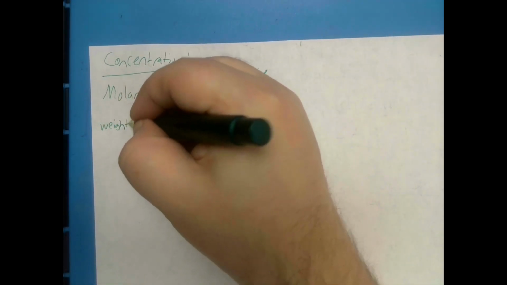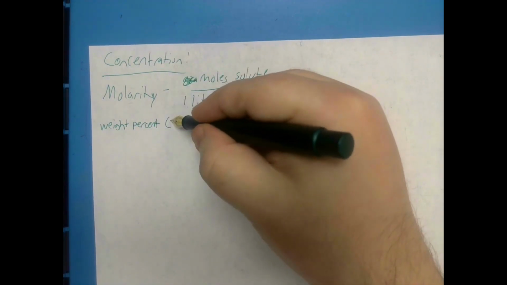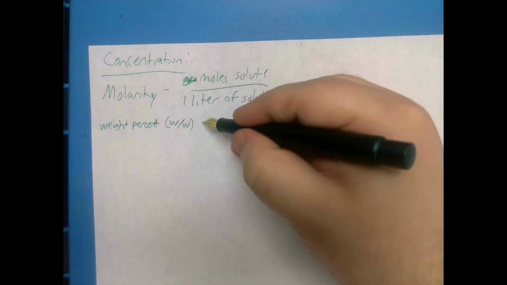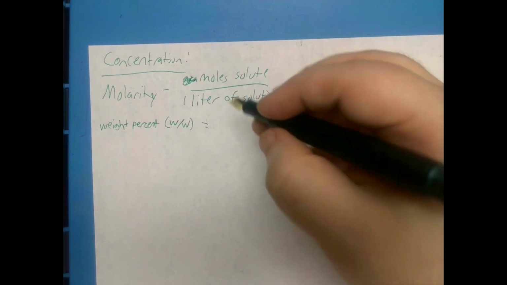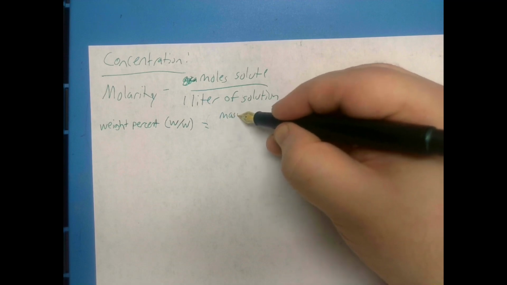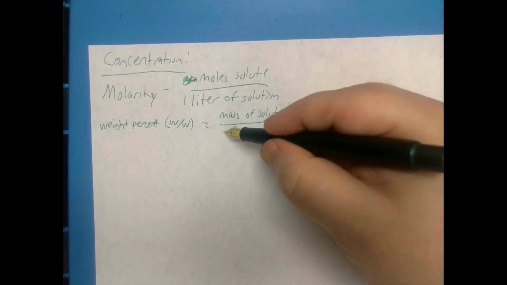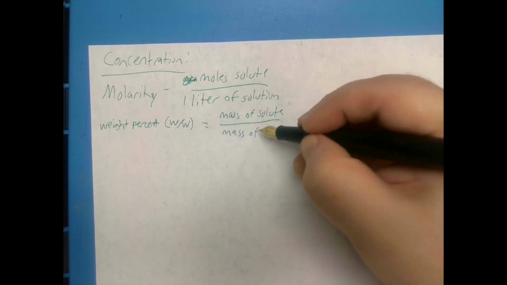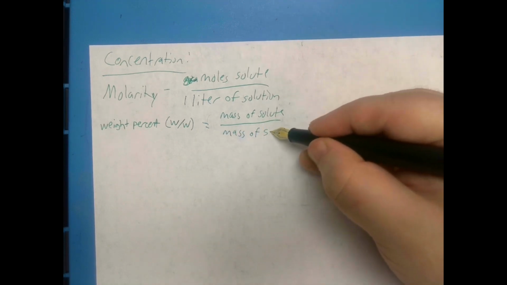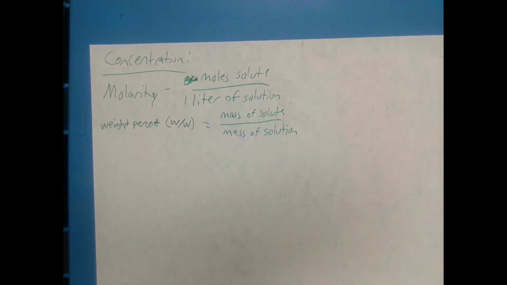We can have 2 different types of weight percentages. Weight per weight. I don't like the fact they use the word weight. It should be mass per mass because it's mass of solute per mass of solution. But usually, as long as you're on Earth, it's still proportional.